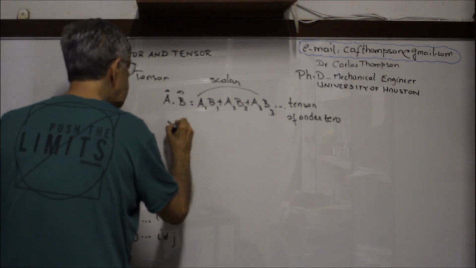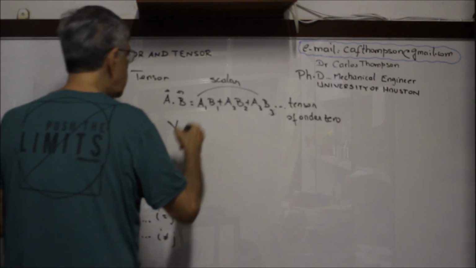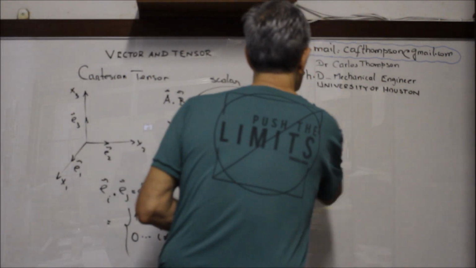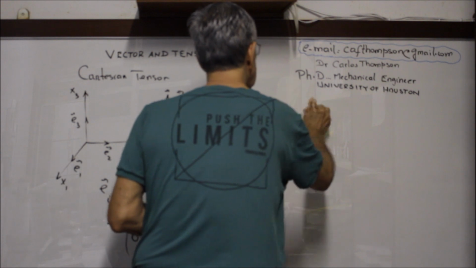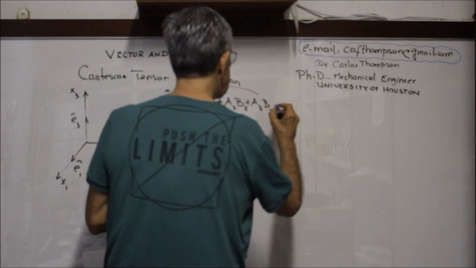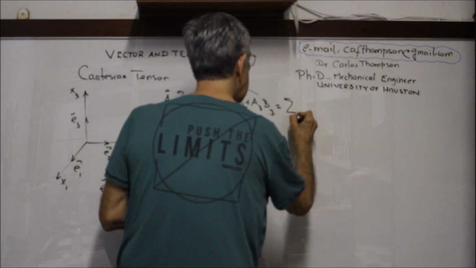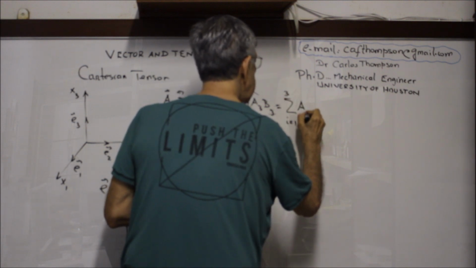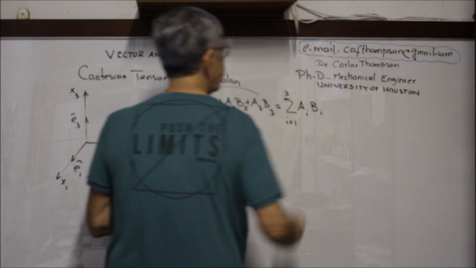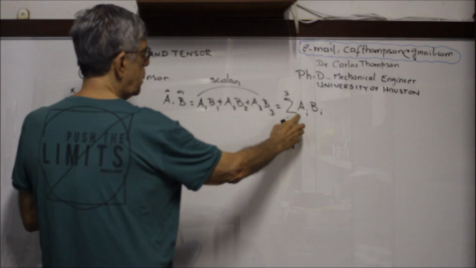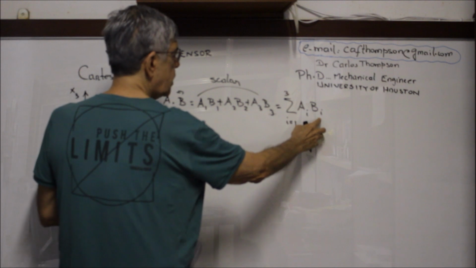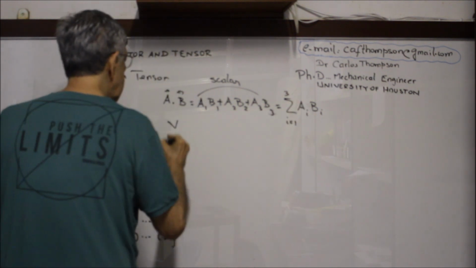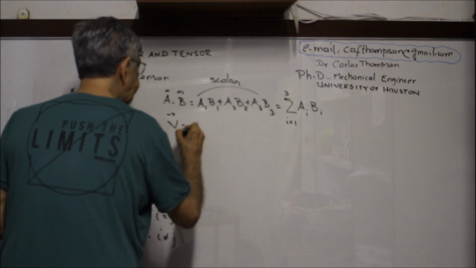Now, consider this vector here. We can put this under a summation. This is equal to the sum, let's put i equal 1 to 3, Ai Bi. This will be A1 B1 plus A2 B2 plus A3 B3. Now, consider a vector.